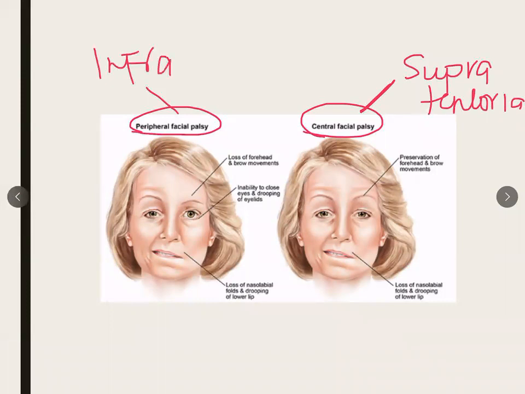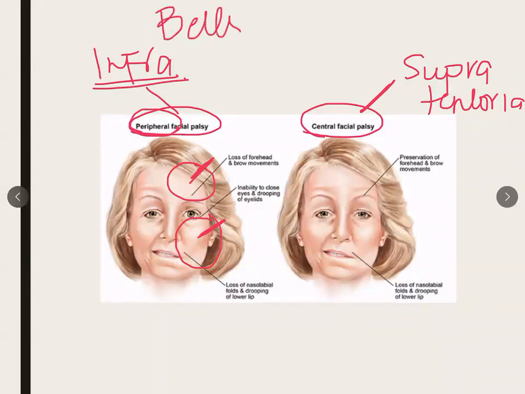So how will you differentiate? As you can see here, the facial area can be divided into an upper part and a lower part. If both the upper part and the lower part are affected, it is a peripheral facial palsy, and more likely infratentorial. The prototype example here is Bell's palsy, an isolated cranial nerve number 7 palsy.